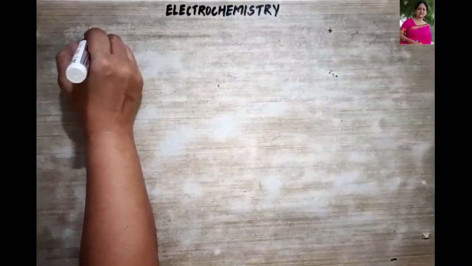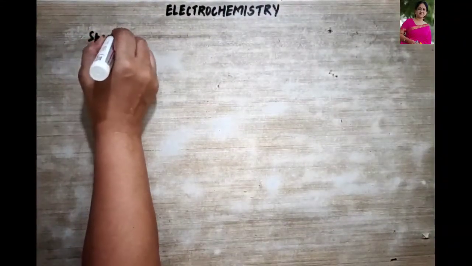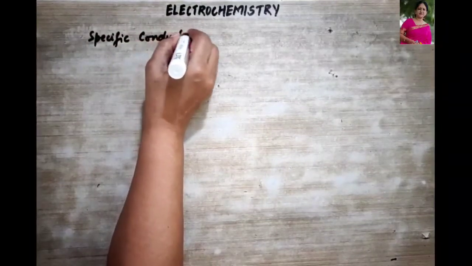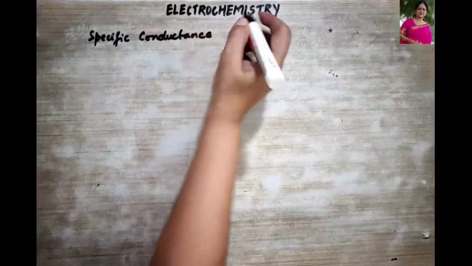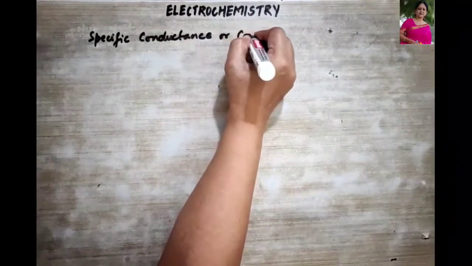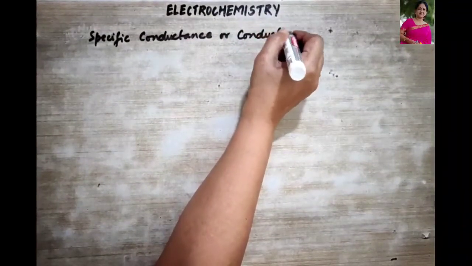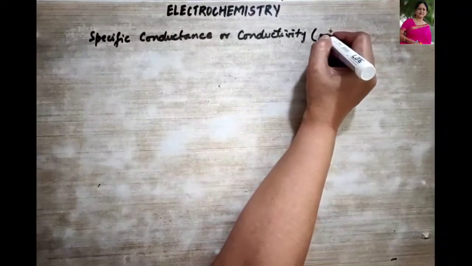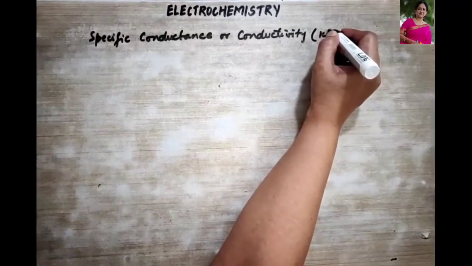Now let us talk about specific conductance, which is also called conductivity, and it is expressed with a small k.